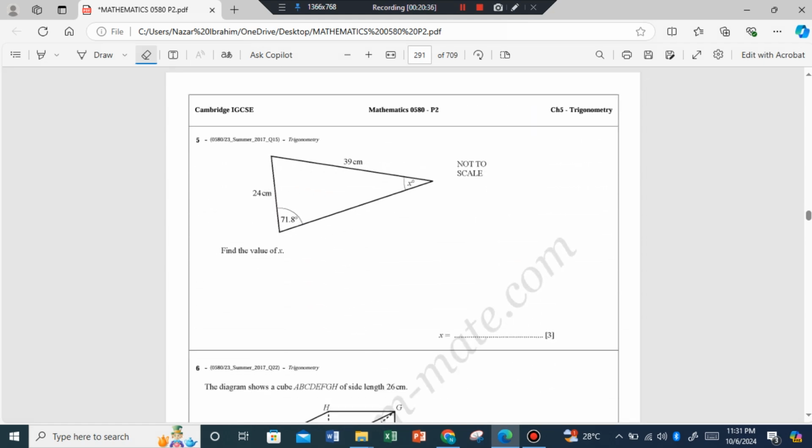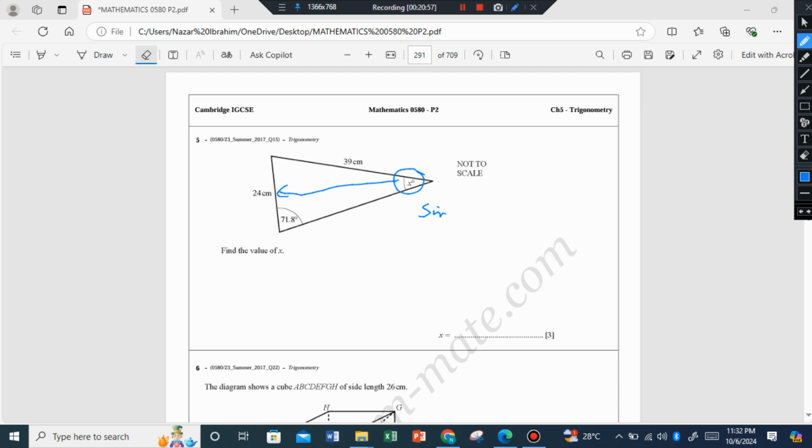Again, we can see a similar type of question, right? You can see one unknown and an opposite side known, and a pair, a side and an opposite angle, is known. So simply apply the sine law.